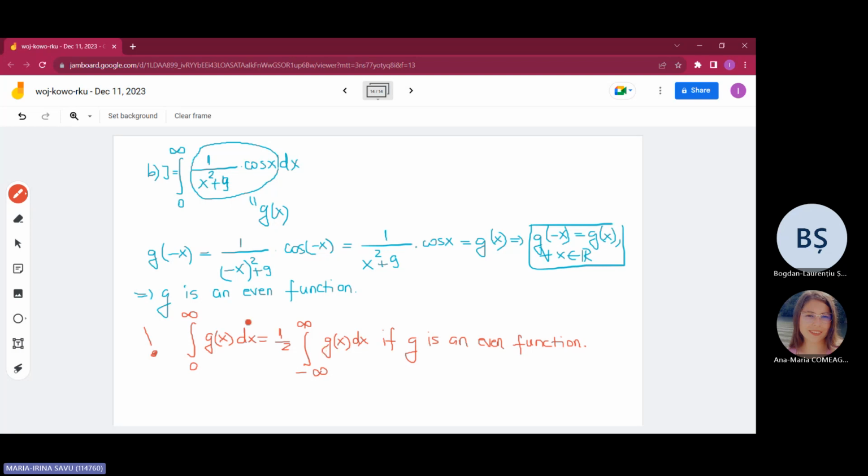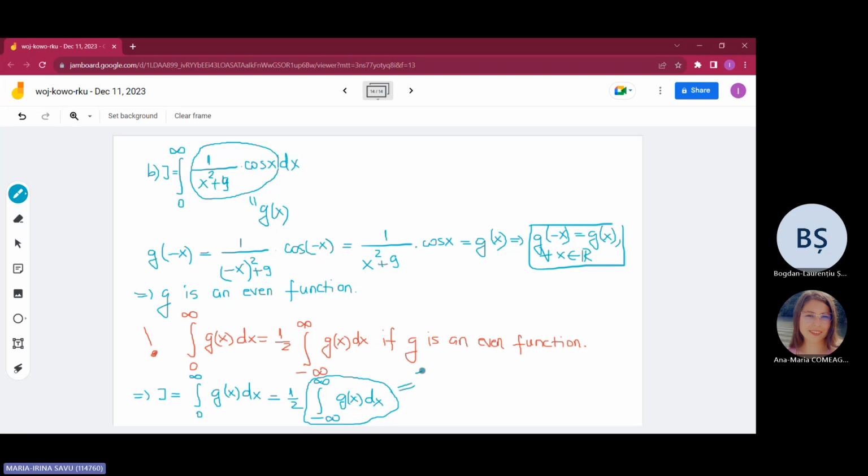You should use this property. So in your case, I, which is the integral from 0 to infinity of g of x dx, will be 1/2 of this one. You should compute this integral using the algorithm as you've seen before, and divide it by 2.